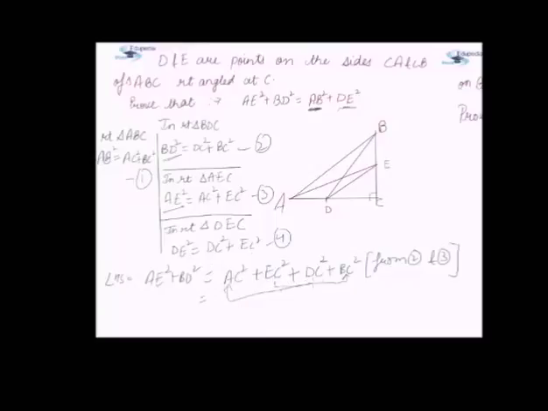We are having this over here, but we need again rearrangement. So on rearranging, we have AC square plus BC square plus EC square plus DC square. Now from first and fourth, we can say that they are equal to AB square and DE square.